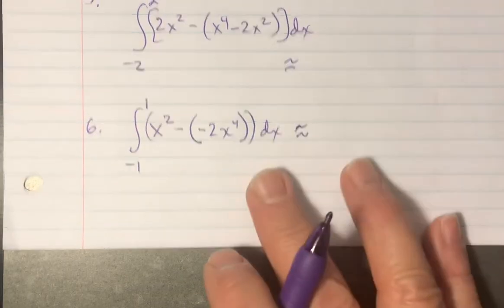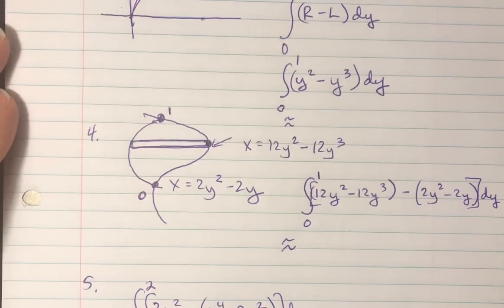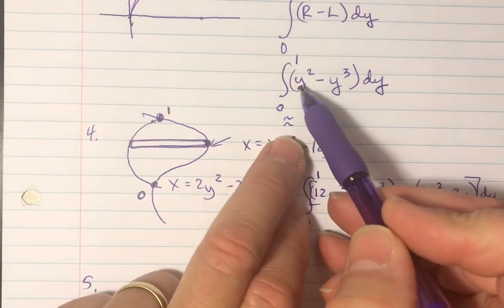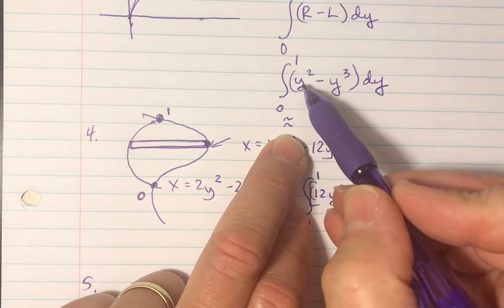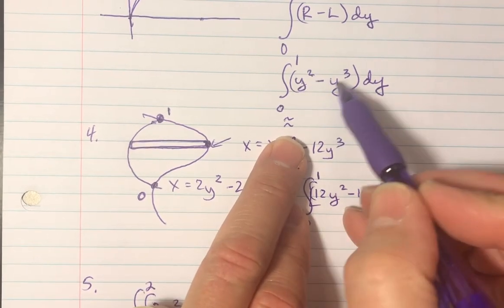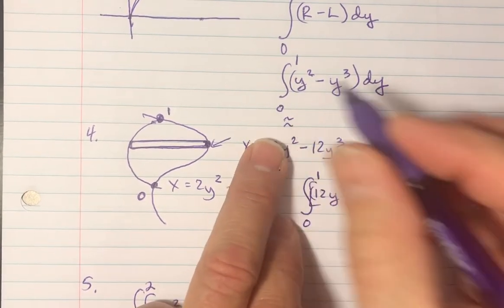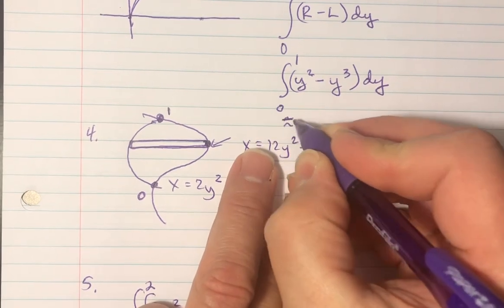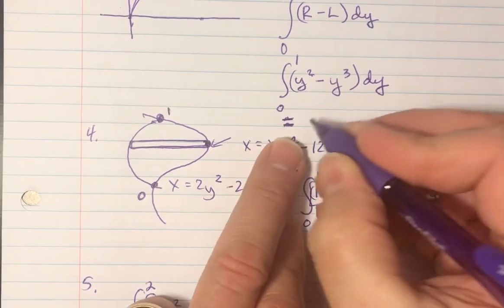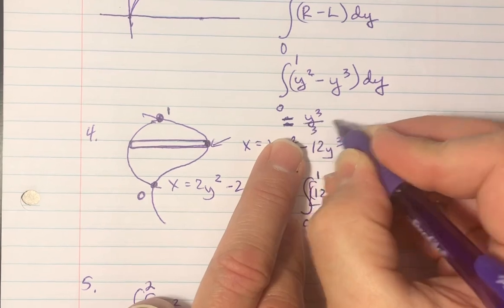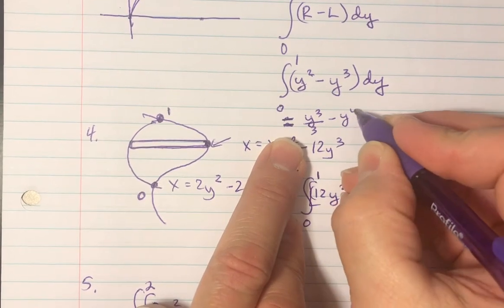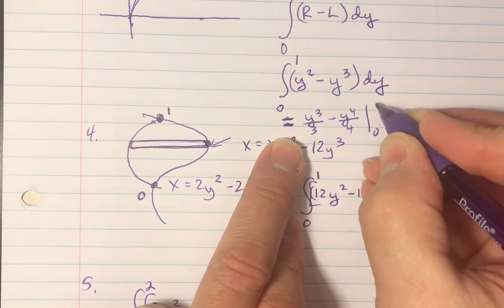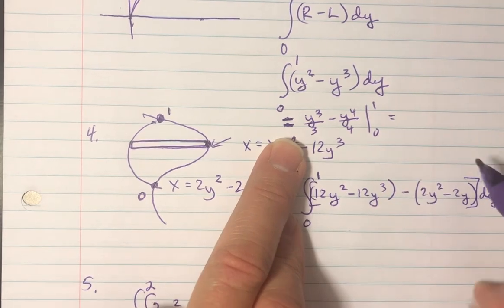Now, for number 3, we're going to try this one without our calculator. It's a fairly easy integral to do here. We have y squared minus y cubed. So I'm going to change that to equals y cubed over 3 minus y to the 4th over 4. We're going to integrate from 0 to 1.